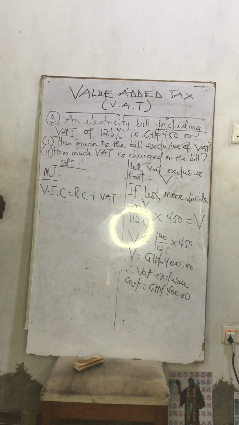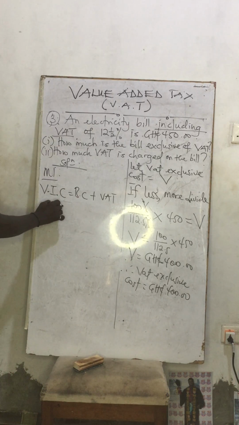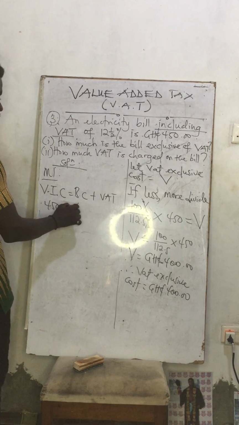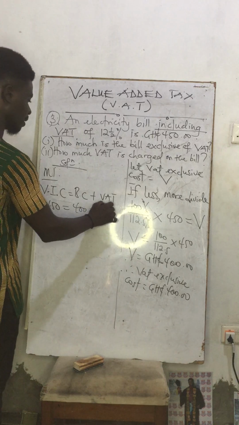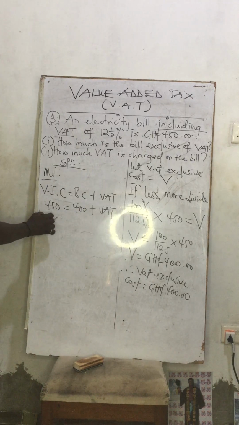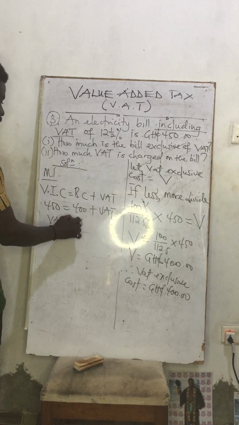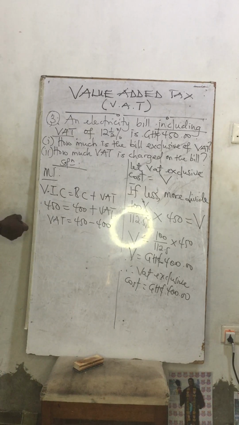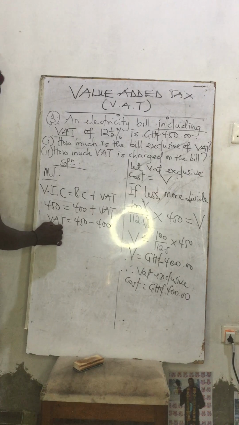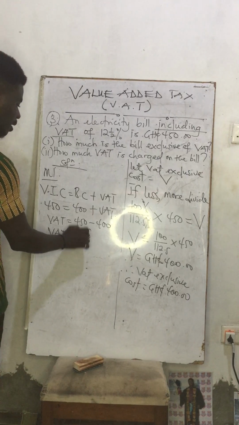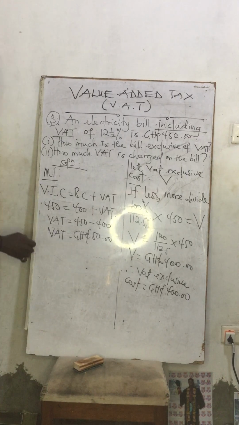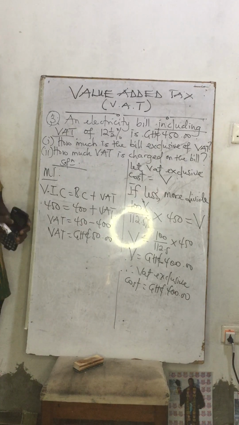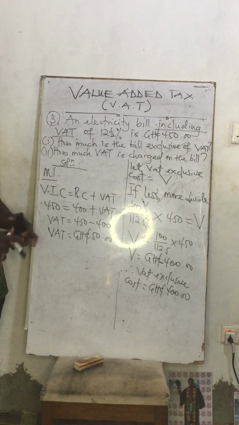The VAT inclusive cost is 450, which is equal to our basic cost, 400, plus the VAT. So VAT is equal to 450 minus 400. This is the VAT we are calculating for. That will give us 50 Ghana cedis. So we do subtraction and we get 50 Ghana cedis.